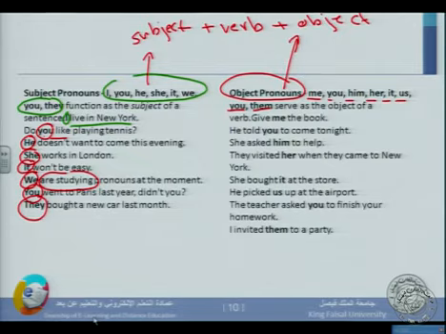So all of these serve as the object of a verb.